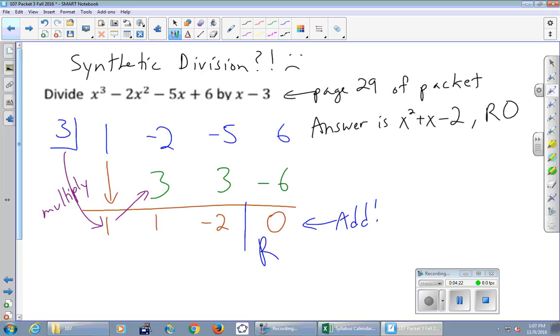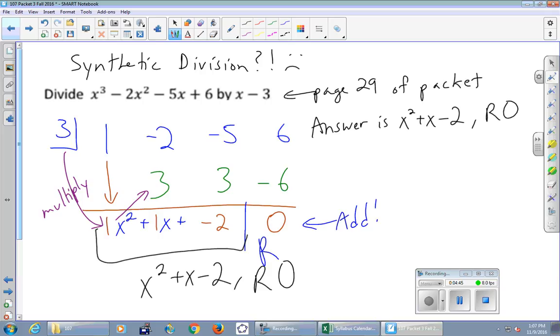That negative 2 is the constant. The next guy is the one that has an x on it. The next one has an x squared on it. If there were another one, it would be x cubed. And if I just put some addition signs in between here, then I've got my answer. The answer, looking at all of this, is x squared plus x minus 2 with a remainder of 0.